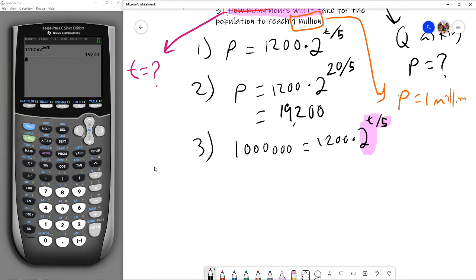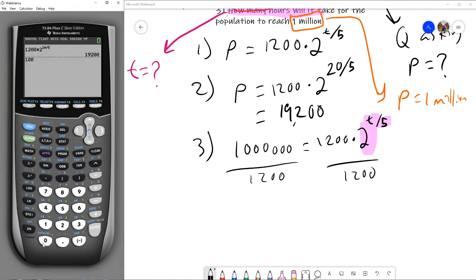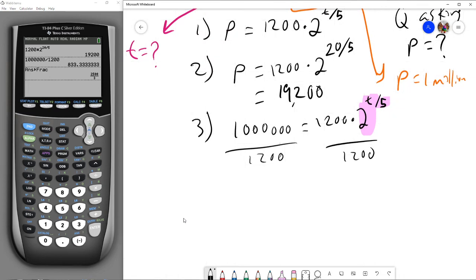Divide by 1200, divide by 1200. 1 million divided by 1200, let's see what that gives us. Let's turn this into a fraction. 2500 over 3. So 2500 thirds is equal to 2 to the T over 5.